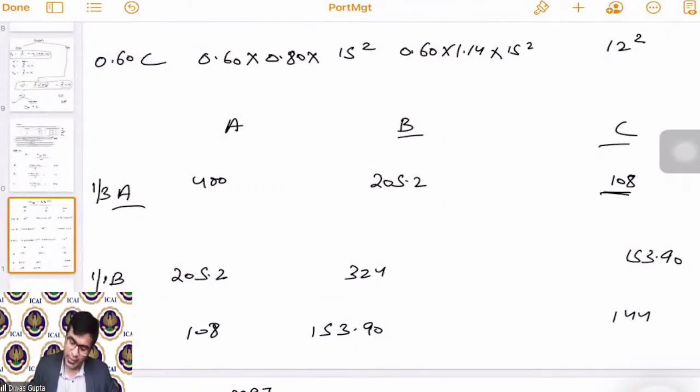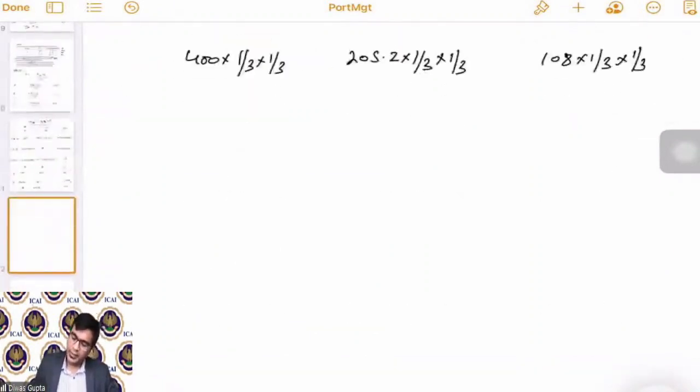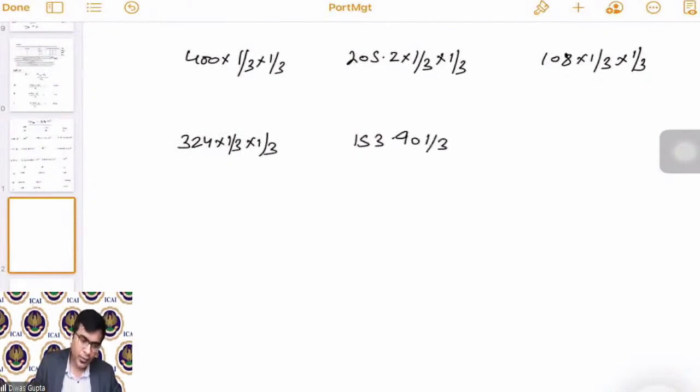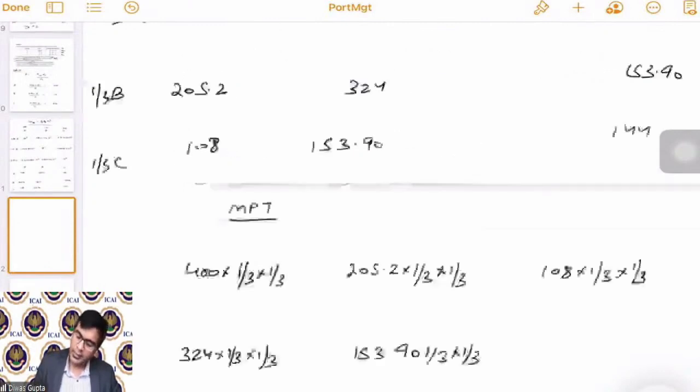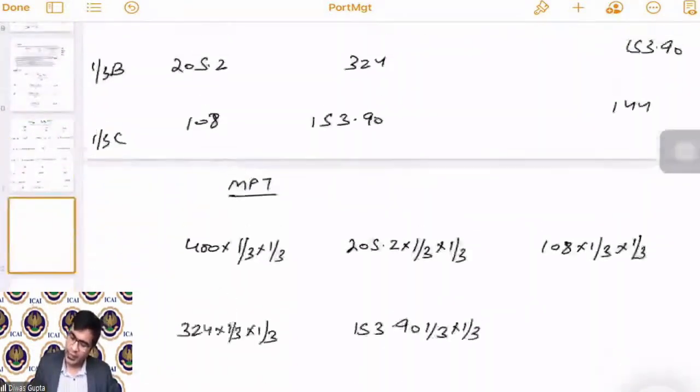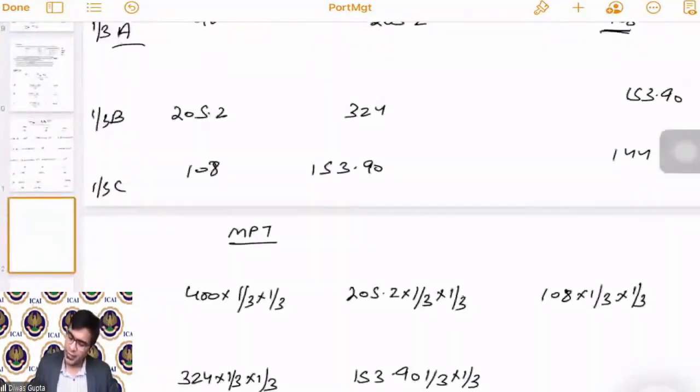I can put 1 by 3, 1 by 3, 1 by 3 here, right? Now similarly here it will be 324, 1 by 3, 1 by 3, 153.90. Sorry, I just missed one.